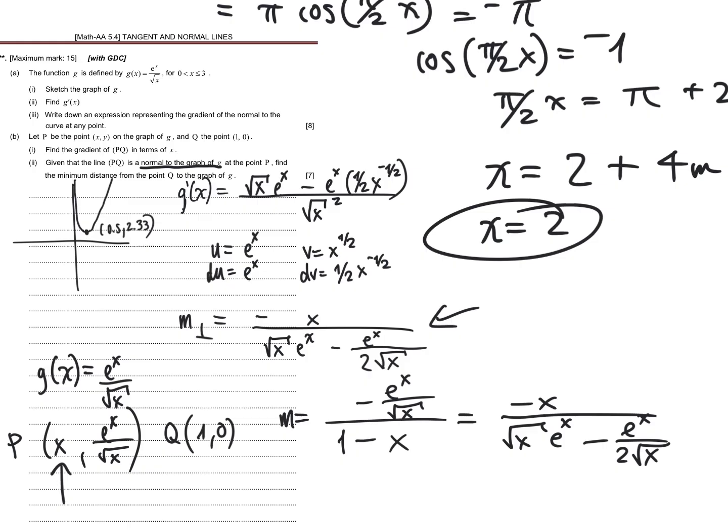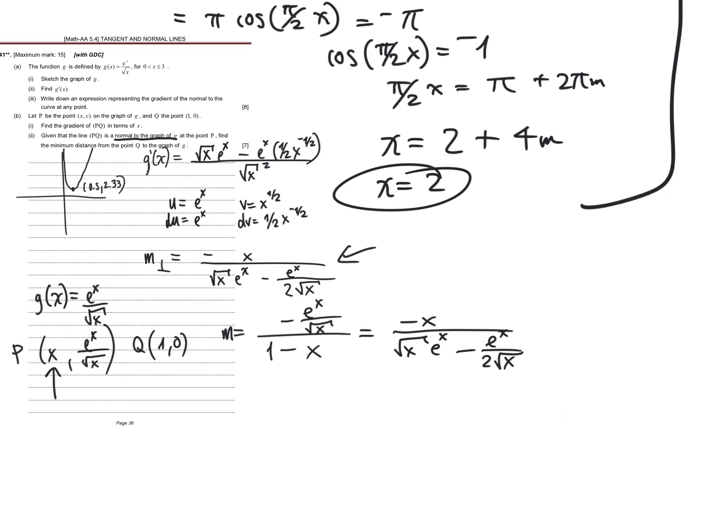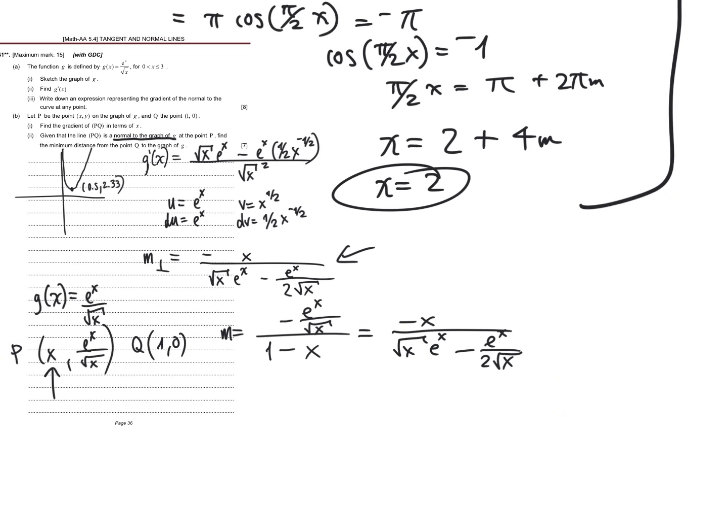So find the minimum distance from Q to G. Oh my. Okay. So we have the gradient in terms of x of PQ. So let's just say, PQ is like this. It's just a line. Because it's got x, y, and 1, 0. And then we also have it's normal to the, so these are the same line.